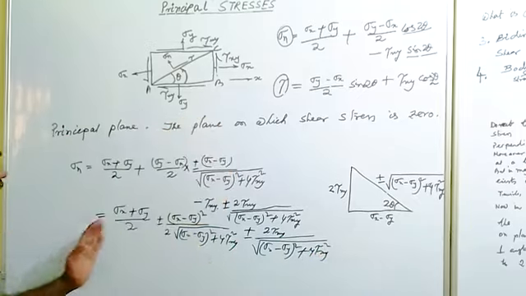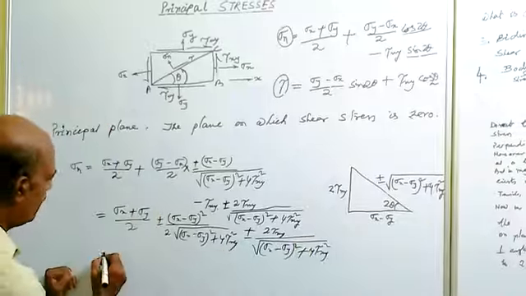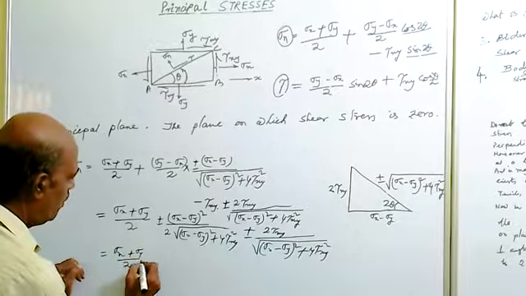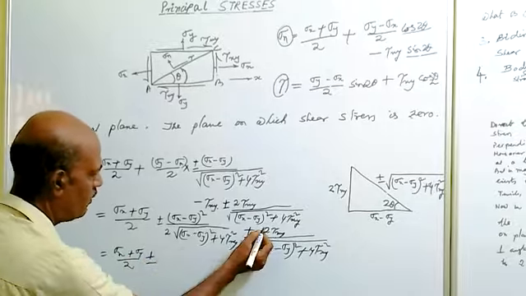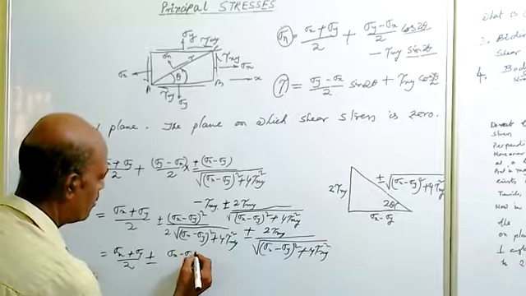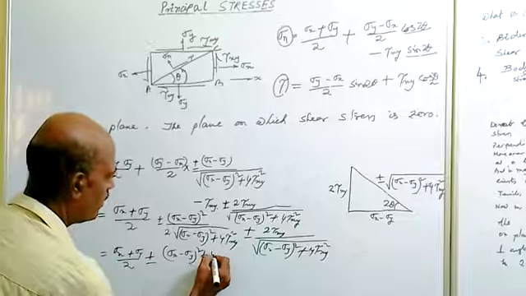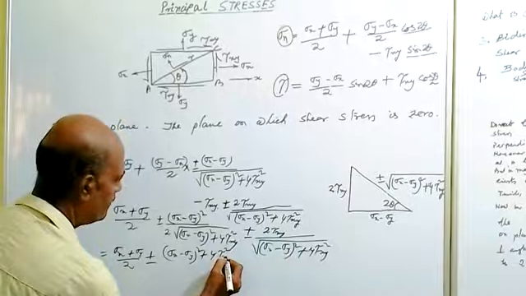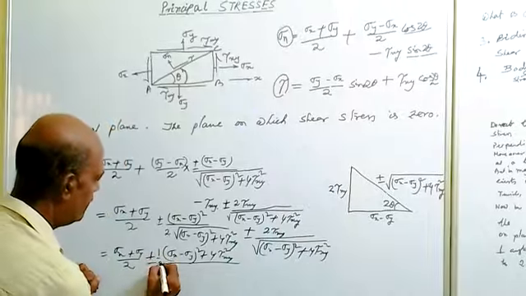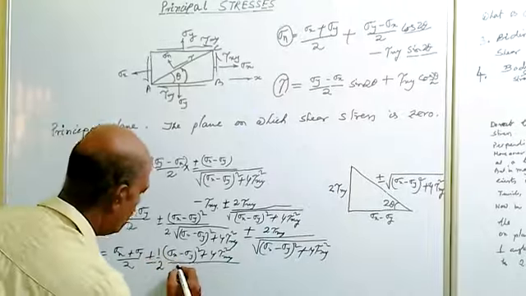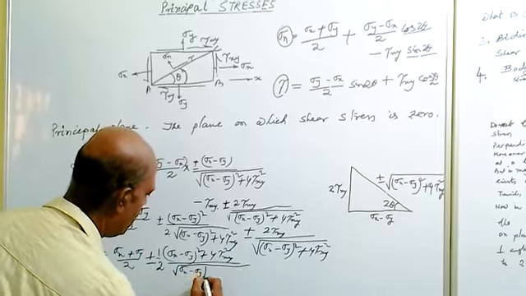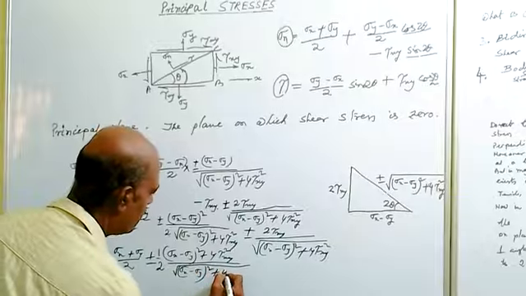Okay, so now if we join these two, it will become sigma x plus sigma y by 2 plus minus these two will be multiplied here. So we can write sigma x minus sigma y whole square plus 4 tau square xy divided by, so half will be there, root over of sigma x minus sigma y whole square plus 4 tau square xy.